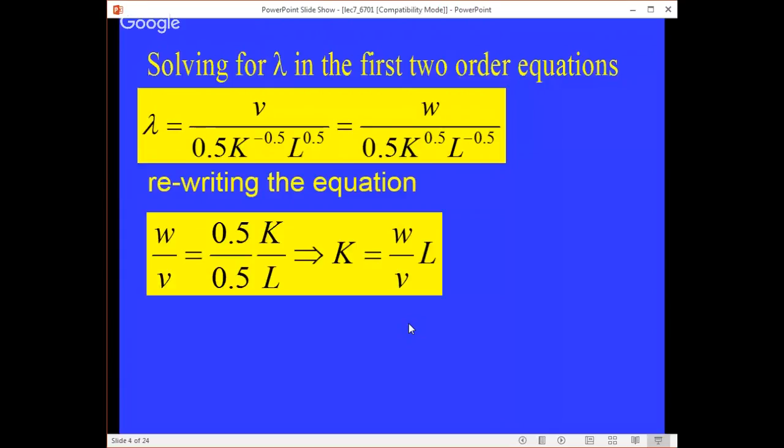I can bring that up top and I'll get L to the 1. So that's why I have here V over W equals 0.5 over 0.5, which is just 1, times K over L, and I solve for K, and K equals W over V times L. So now I have K in terms of L, or I could have written it out in terms of K, but it doesn't matter.